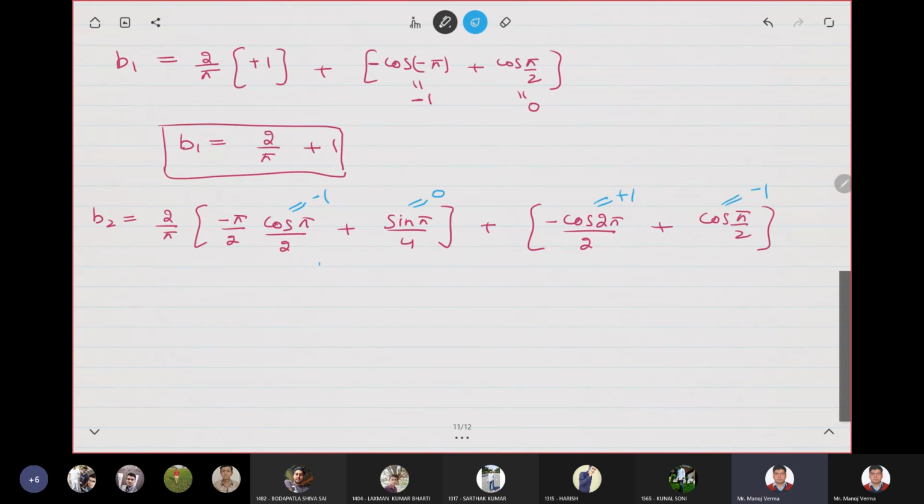So if I insert all these values, my b2 will become 2 over pi, minus pi by 2 into minus 1 plus 0 for the first expression, and for the second expression it will become minus 1 by 2, minus 1 by 2. So minus pi by 2 into minus 1 will be pi by 2.